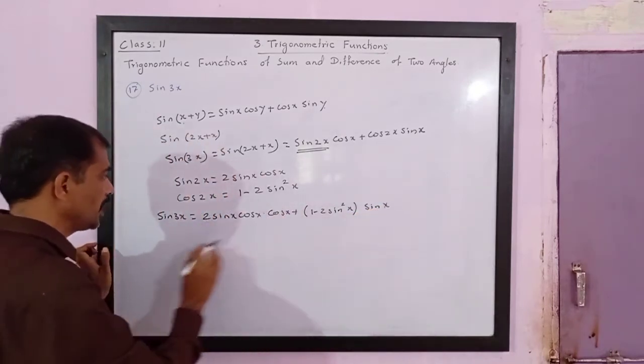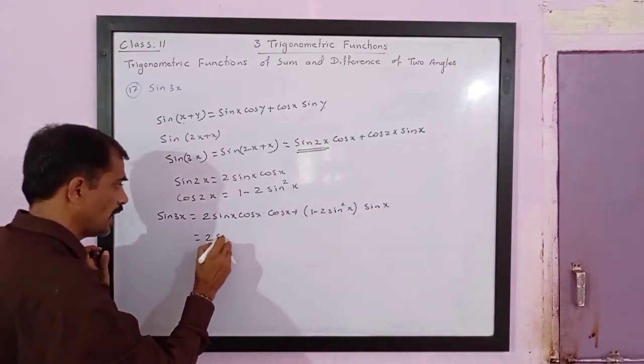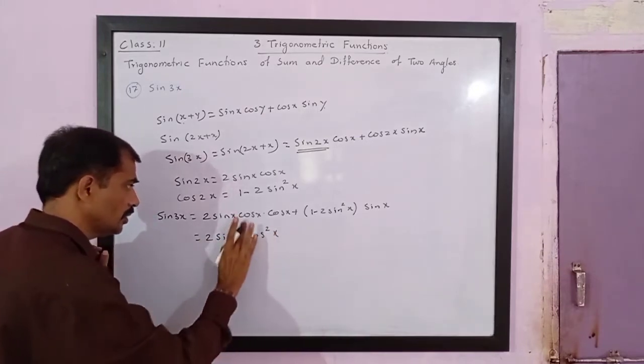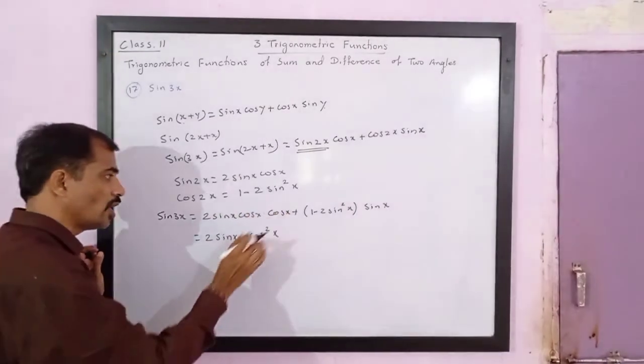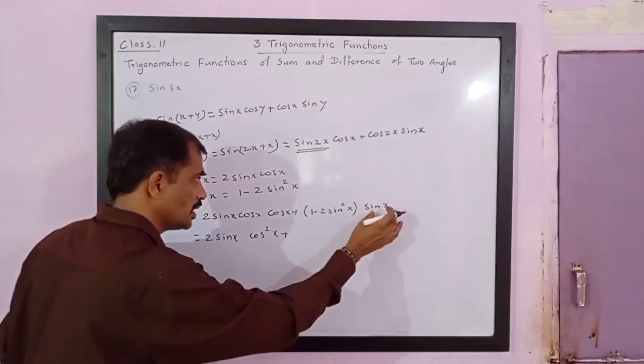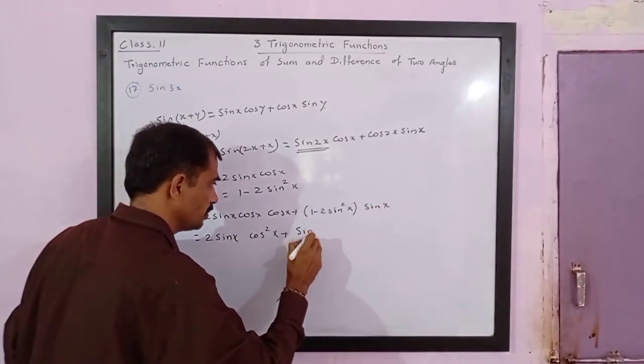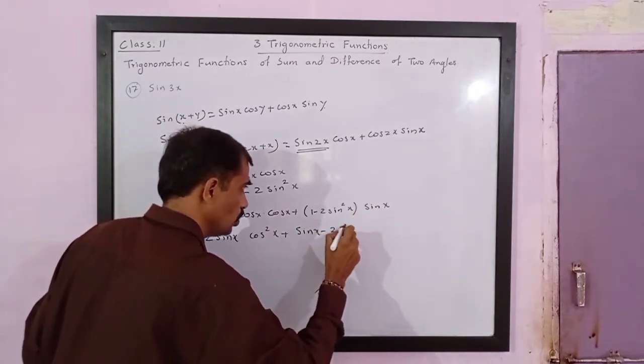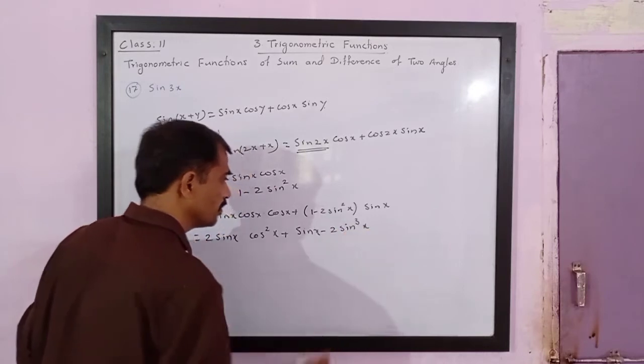Now if you do the multiplication, you will get 2 sin x, cos x into cos x is cos square x, plus sin x into 1 is sin x, and sin x into 2 sin square x is 2 sin cube x.